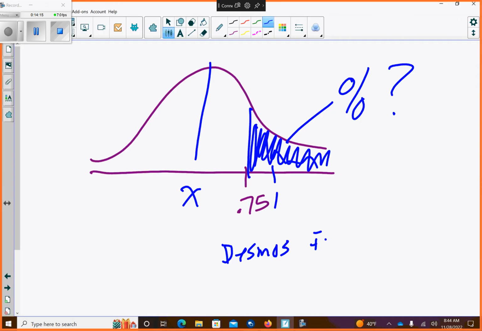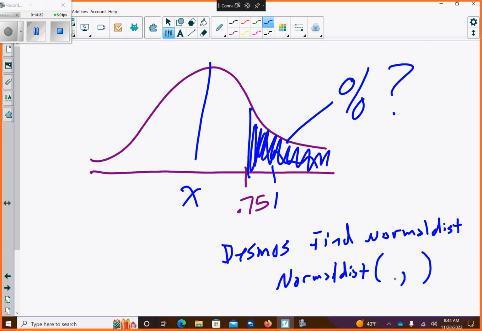You say normal distribution, and it's going to give you parentheses. This is going to be your mean, and this will be your standard deviation. So you can change that to whatever you want. Does that make sense so far?